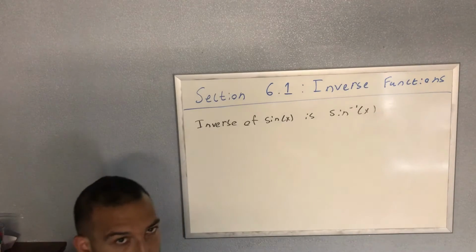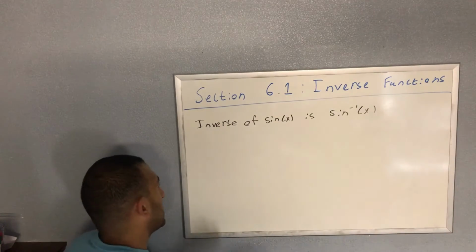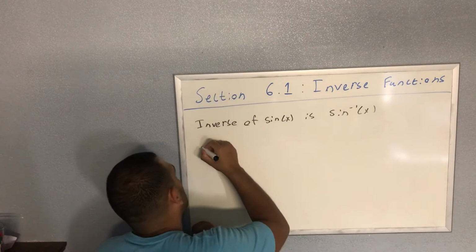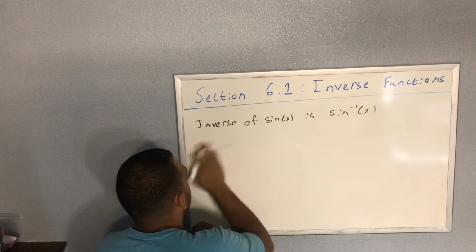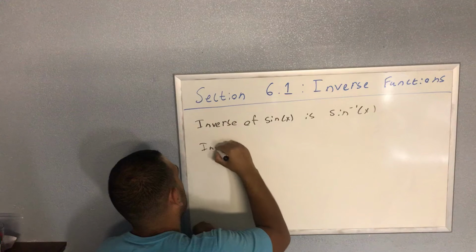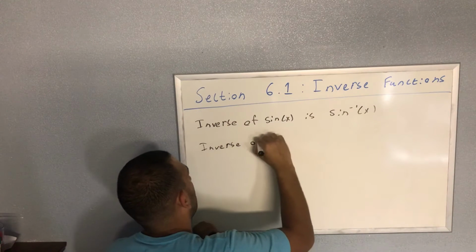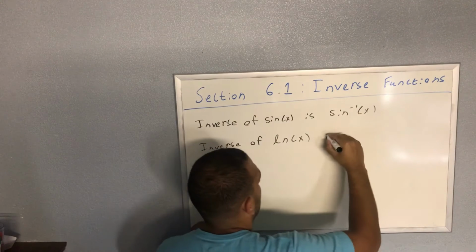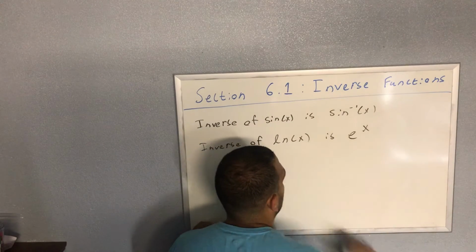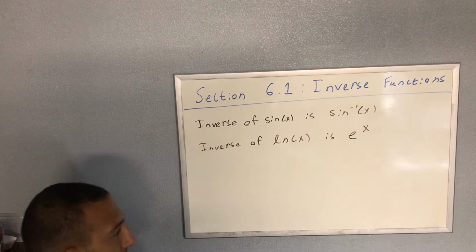And we haven't talked about this yet, but you've seen this in other classes, like the log function or the natural log, ln of x. The inverse of ln of x, the natural log function, is the exponential function e to the x.